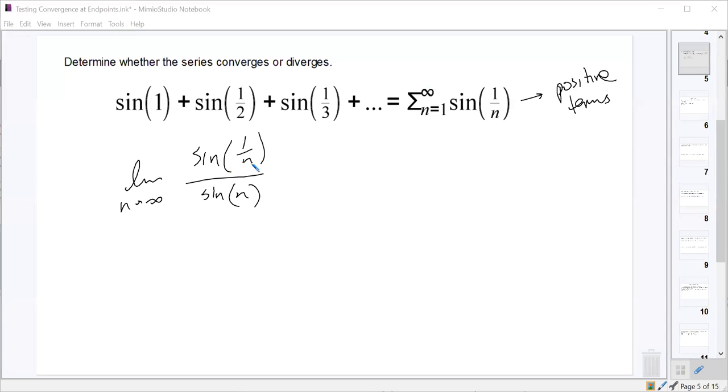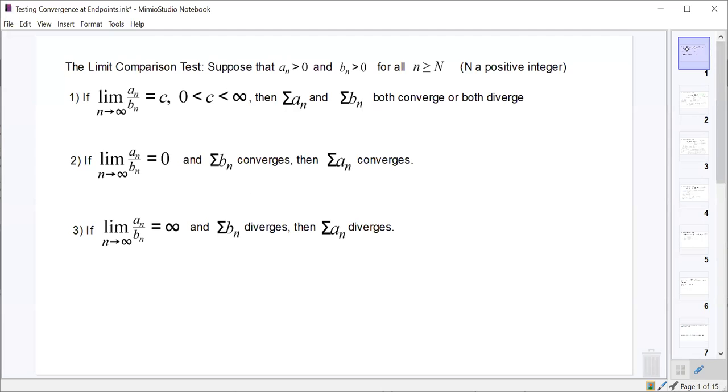Sine of 1 over n, right, is 0, but the sine of n as n goes towards infinity oscillates, and this doesn't exist. And that creates a little bit of a problem. For one, because our limit comparison test up here said if it equals infinity, if it equals 0, or something between 0 and infinity, it doesn't exist as none of those three things.